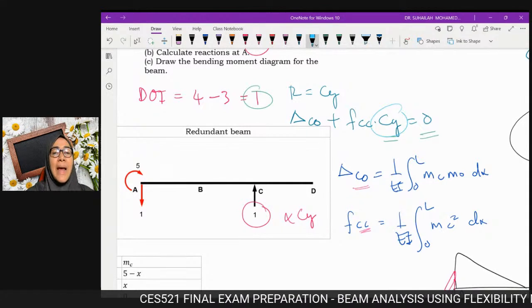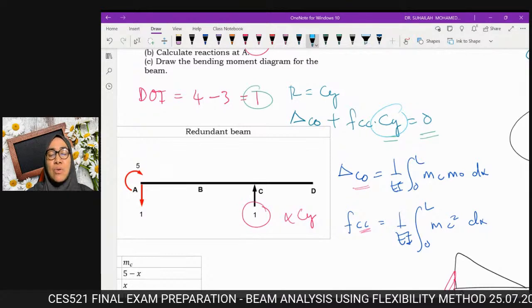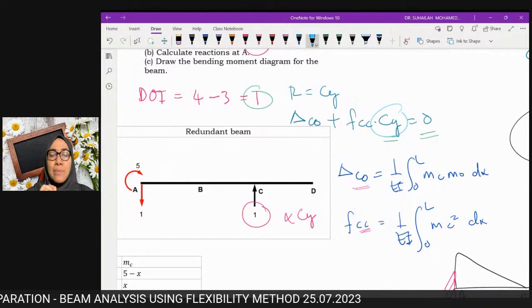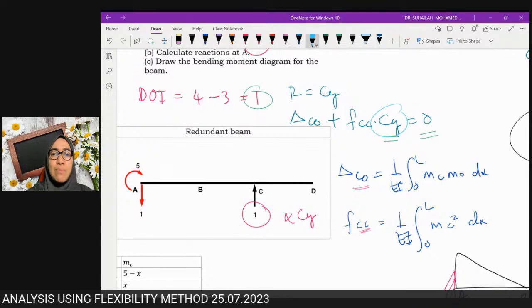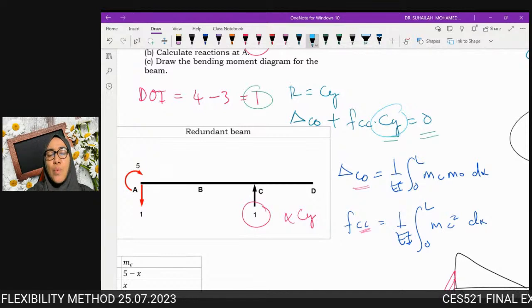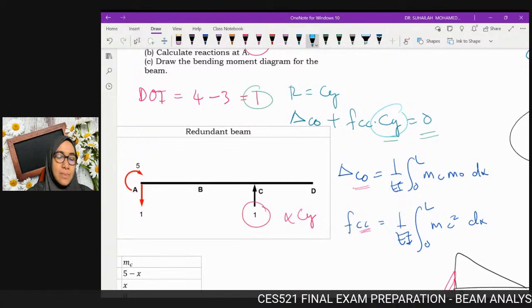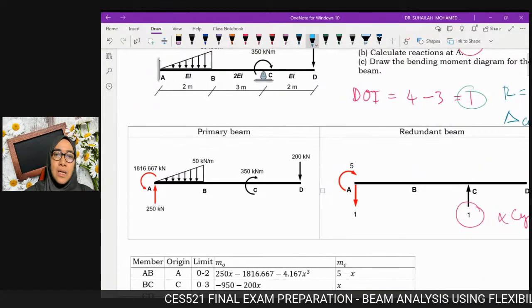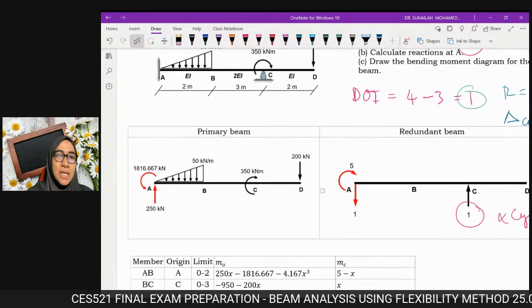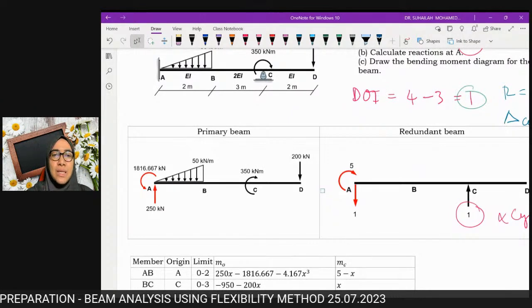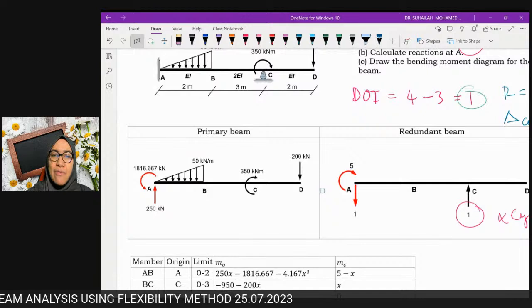M naught is a moment equation. MC is also a moment equation for the beam. Remember, naught is always the symbol for the primary system. That is why we have here the primary beam and the redundant beam. So we will have two systems called the primary beam and the redundant beam.